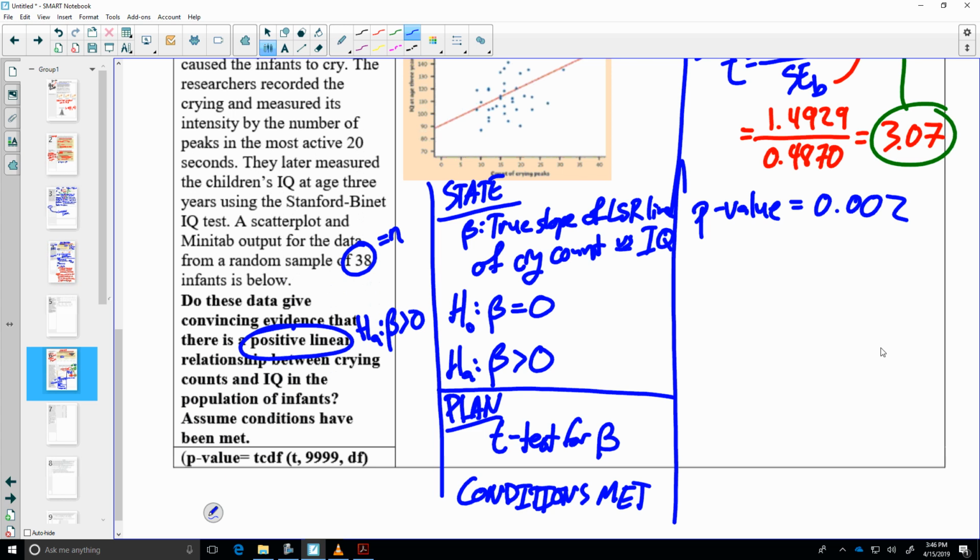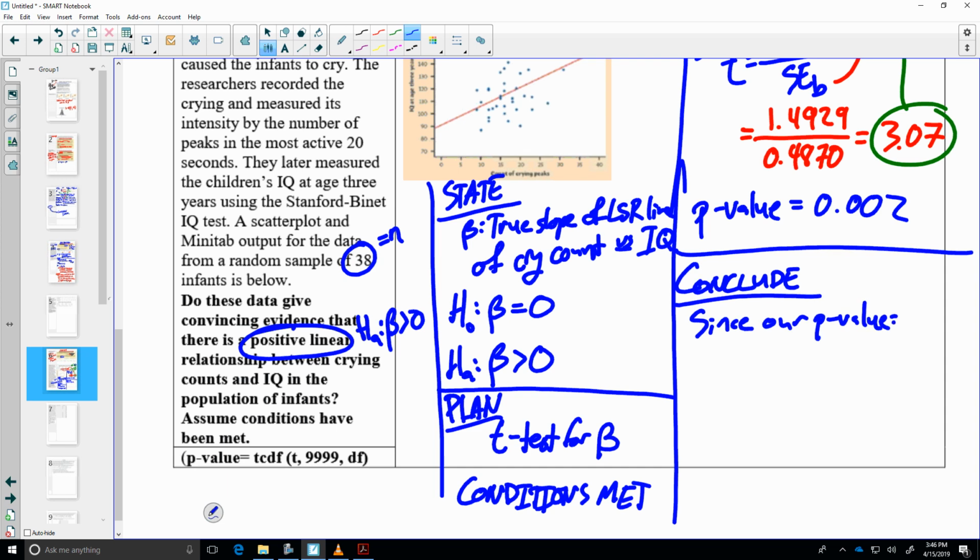What do we conclude? Well, p-value that low. Since our p-value, 0.002, is less than any alpha we might have chosen, 0.05, we reject the H0.